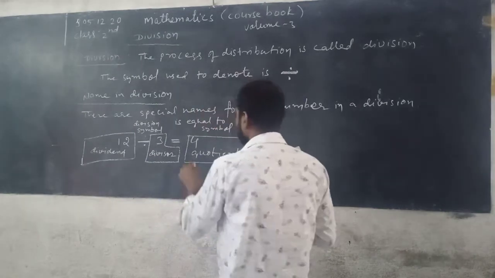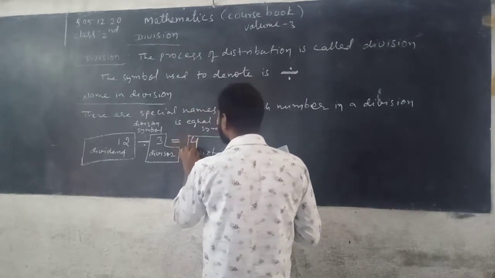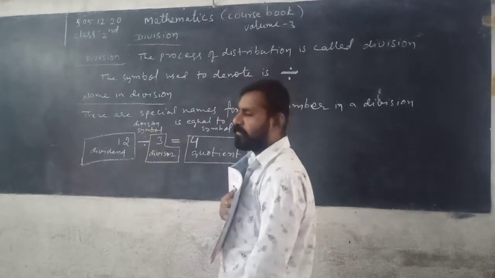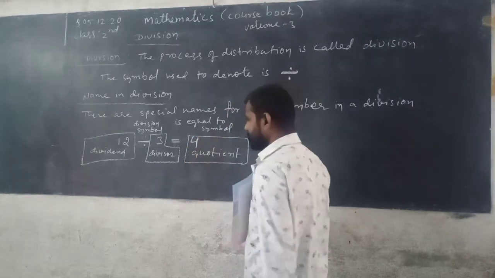So 3 goes 4 times. Here 4 is called the quotient.